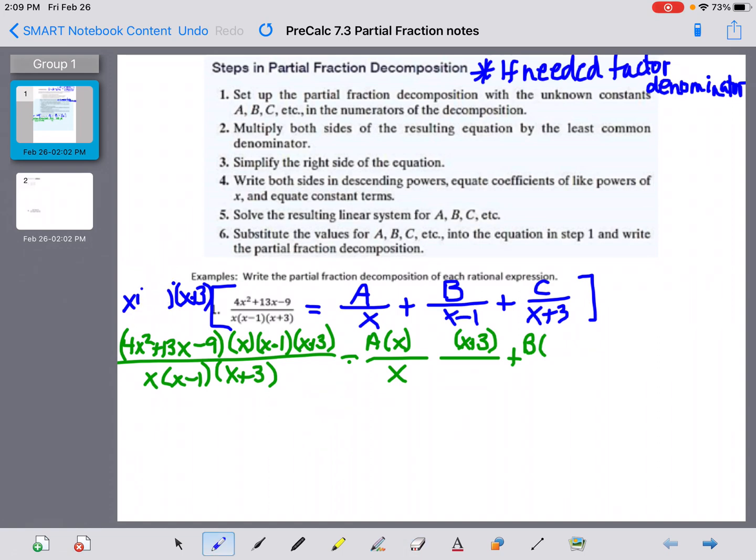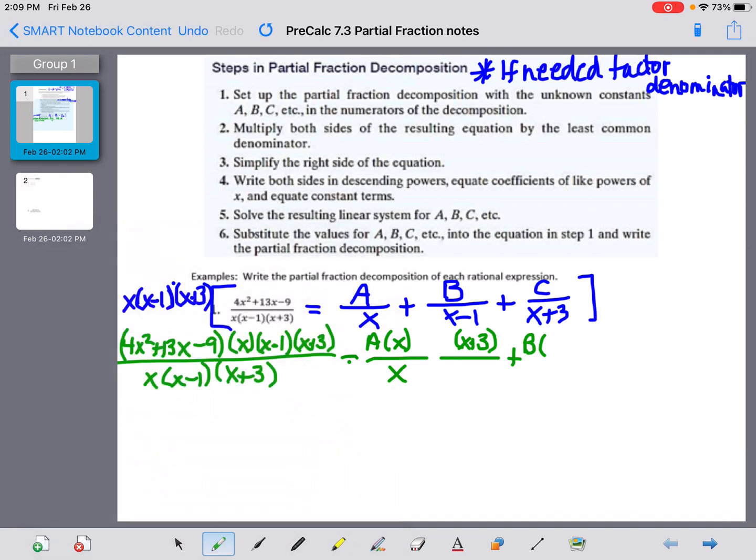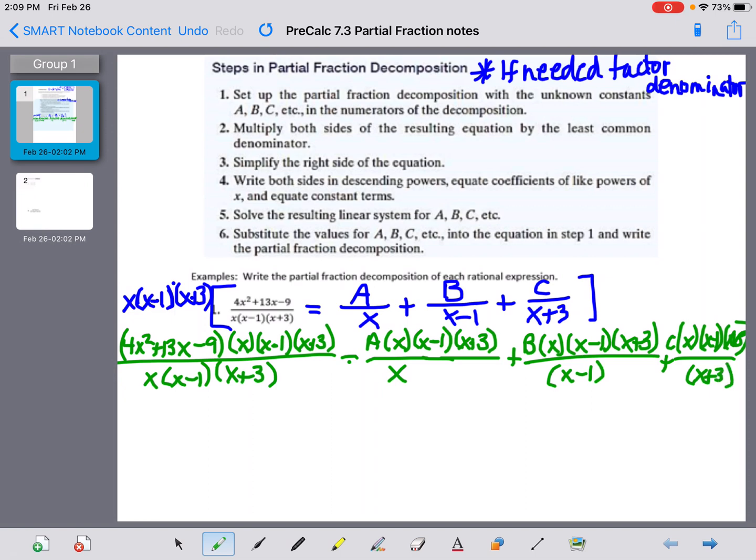This is x minus 1, which makes this one x minus 1. There we go. Okay, so b is times x minus 1 times x plus 3 all over x minus 1. And then my last term, c, is going to be times x minus 1 times x plus 3 all over x plus 3. Okay, that's what I do when I multiply a rational equation times its denominator.